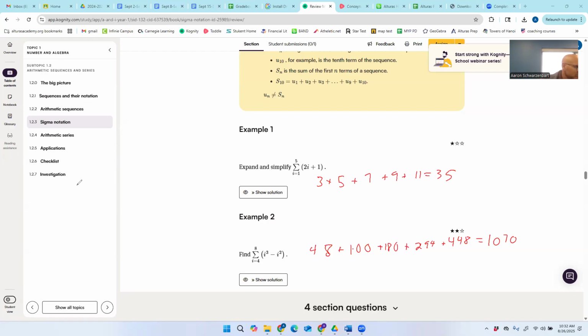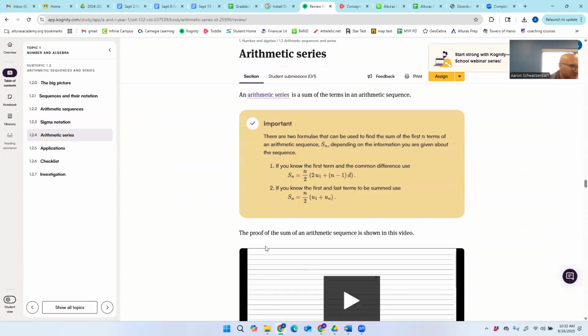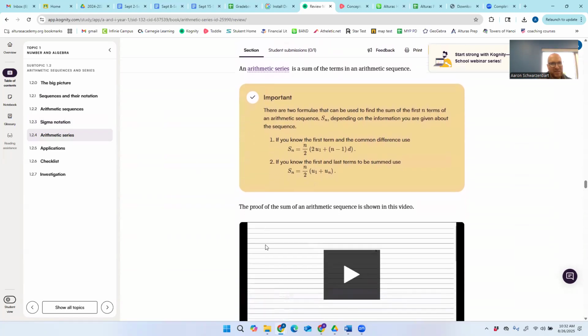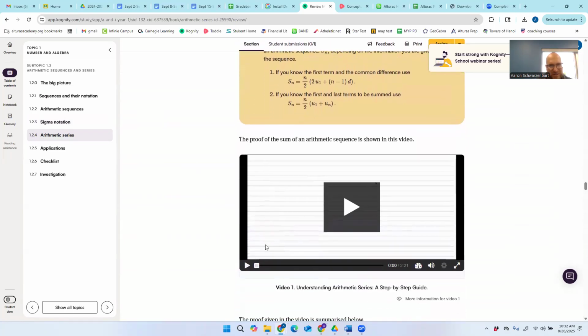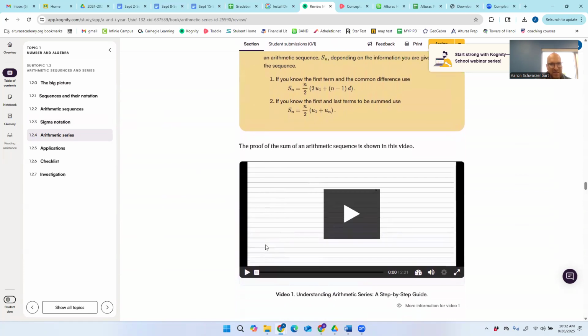Okay, arithmetic series. An arithmetic series is a series made up of an arithmetic sequence. The things added together are the parts of the arithmetic sequence. This formula is lovely.